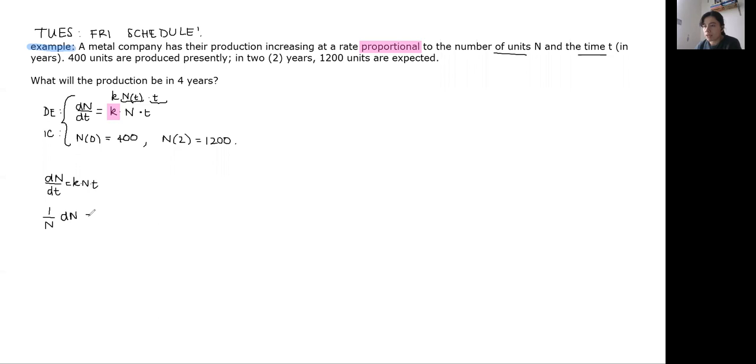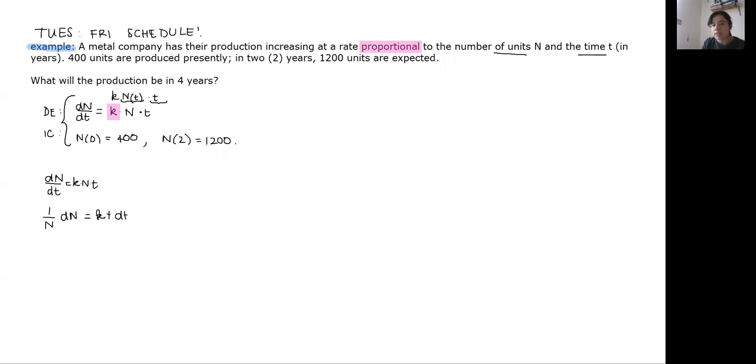And if I also multiply by dt, I'm going to get on the right-hand side k times t dt. Show of hands if you understand this step. Okay, that's good.